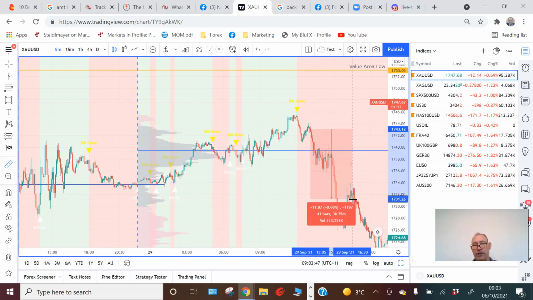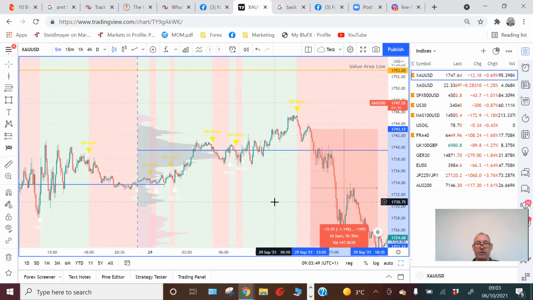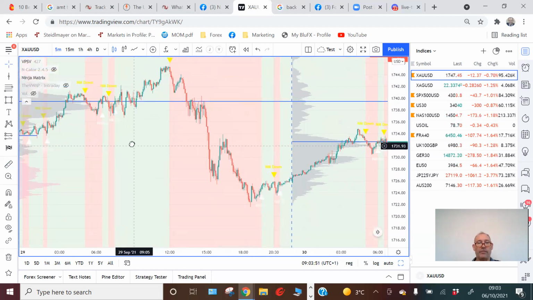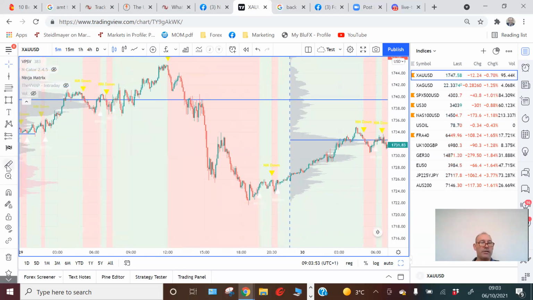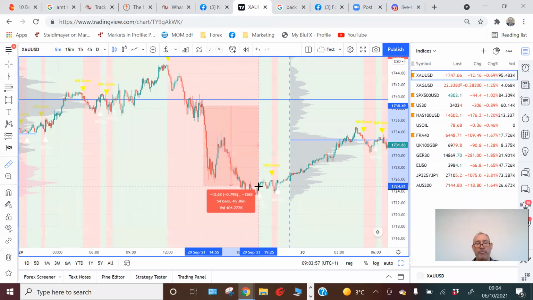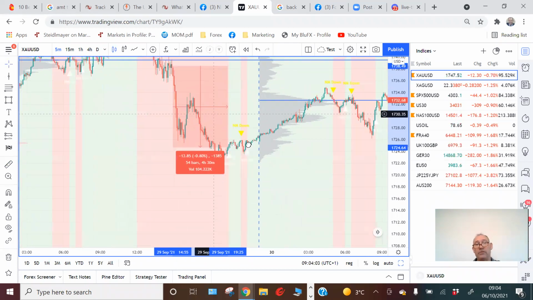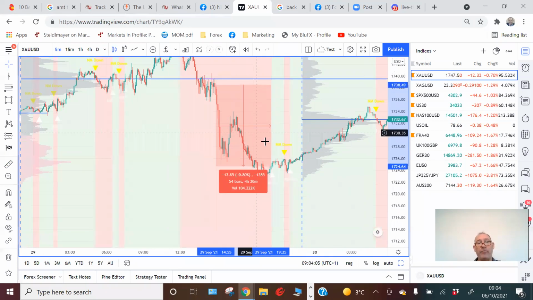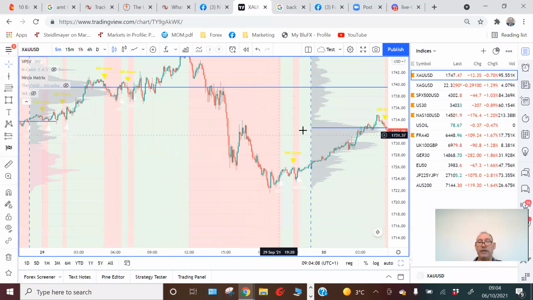We're in the value area. We just keep going, and exit the trade there. So that was an afternoon trade. Again, risk to reward on that would have been massive, about 1 to 5, 1 to 4, something like that.